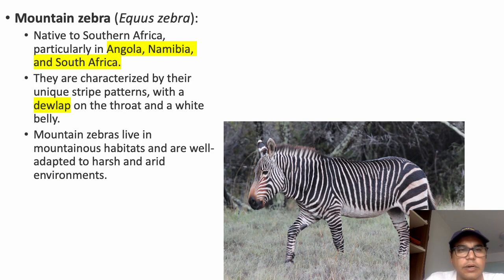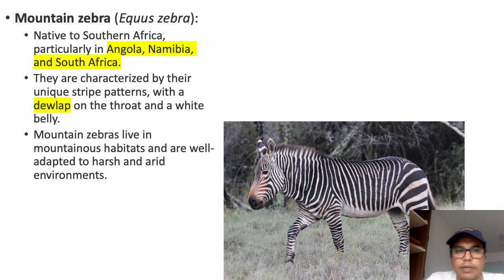This is another one, the mountain zebra. If we see the stripes, they are different, as well as their base structure is also different from the previous one. It is found in Angola, Namibia, and South Africa. Again, it's of African origin, and their stripes are unique. We can see the width here is more, and when we come toward the base, it becomes thinner and thinner.